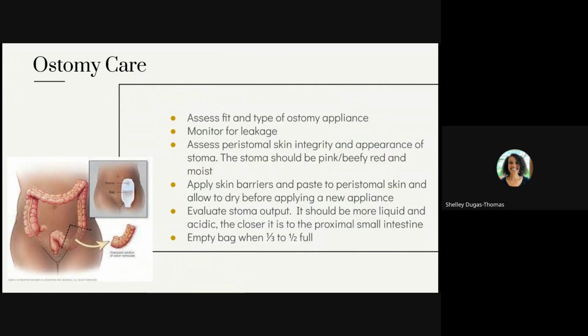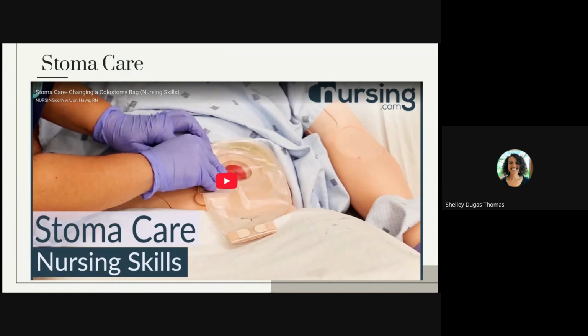The wound ostomy continence nurse also marks the abdomen for the best ostomy placement, considering border, contour in lying, sitting, and standing positions, and evaluates skin folds, bony prominences, scars, and creases to ensure proper appliance fit after surgery. This is a video that you can watch of the stoma care and nursing skills.